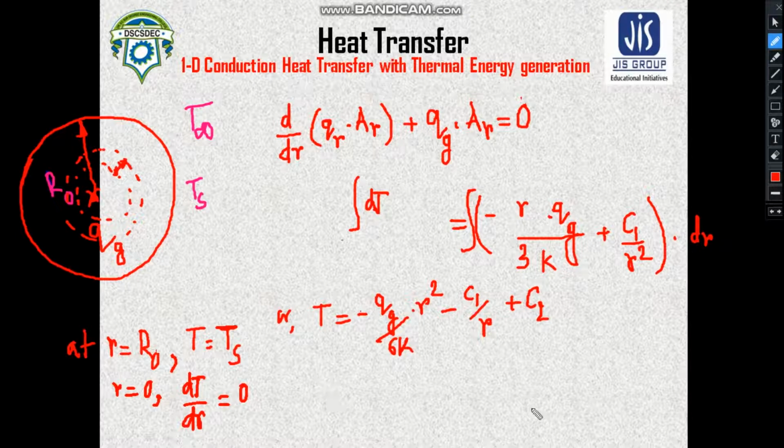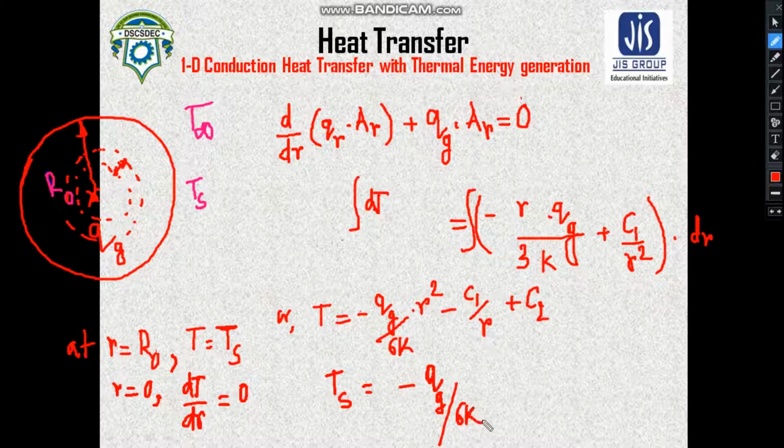We can simply understand that at r equal to r0, this Ts would be equal to minus qg by 6k into r0 square plus c2.